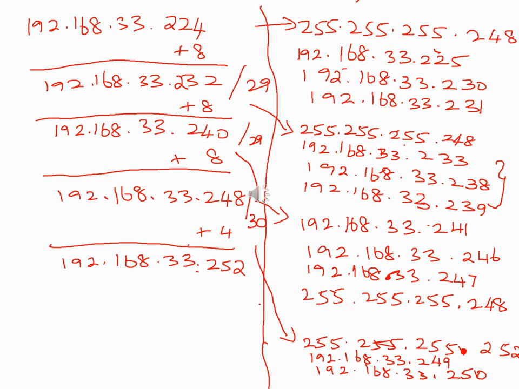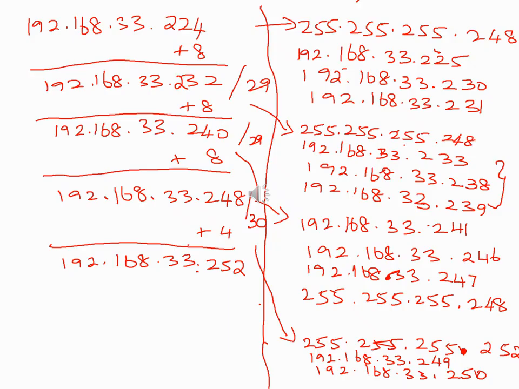So obviously we have to get 8 as the block size. So which means we are adding 8. So the new slash notation will be /29. So /29 plus 8. So this sums up to 240.